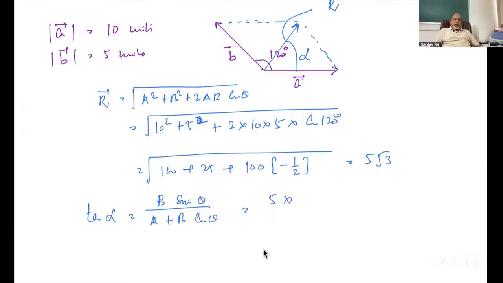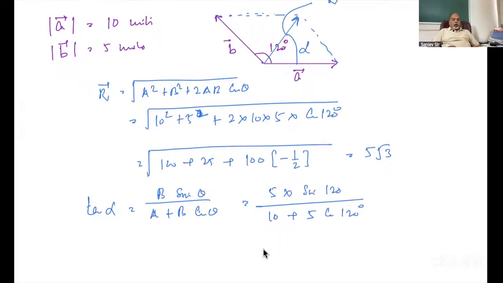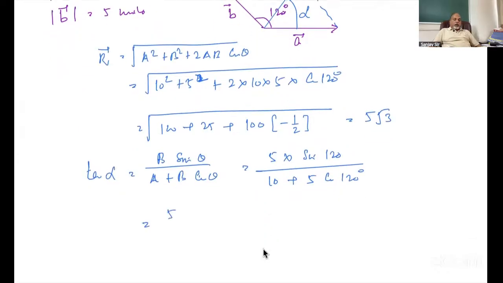B is 5 sin 120 degree, upon 10 plus 5 cos 120 degree. Correct? So 5 sin 120 degree, sin 120 degree will be sin of 180 minus 60, sin 60, which is root 3 by 2, divided by 10 plus 5 into minus 1 by 2.